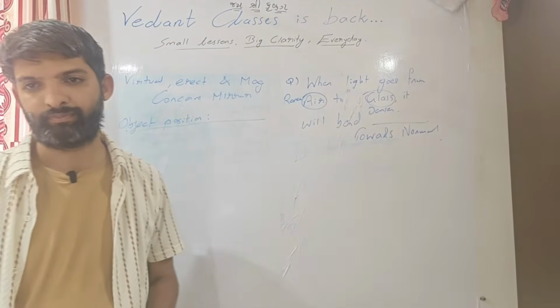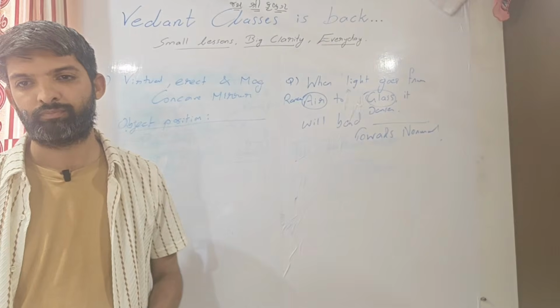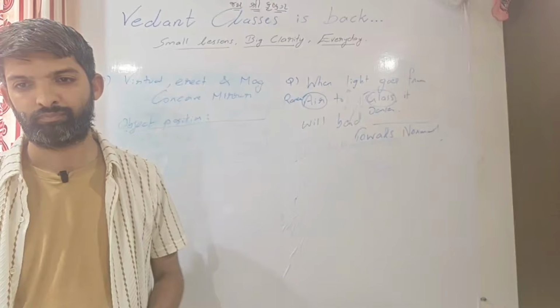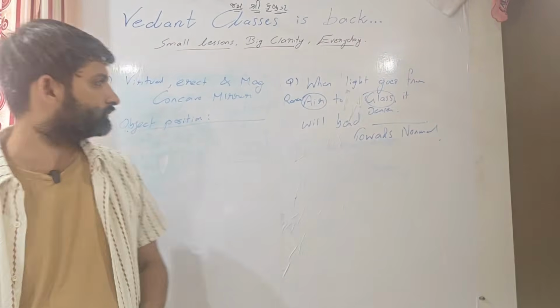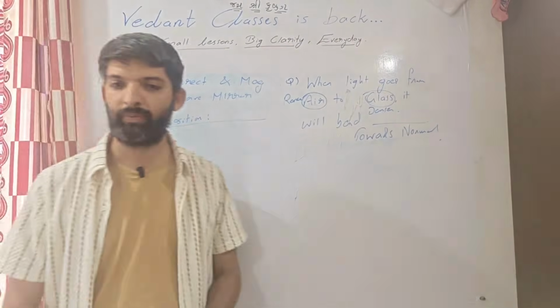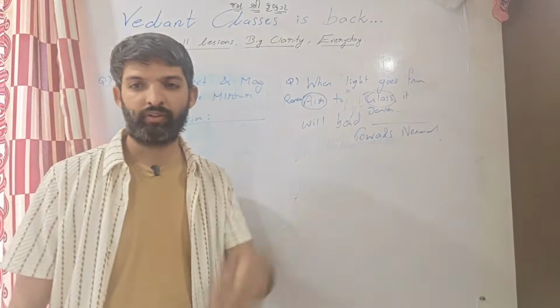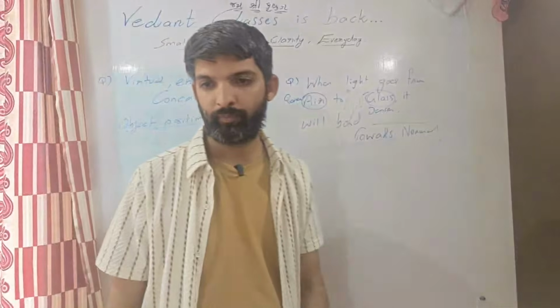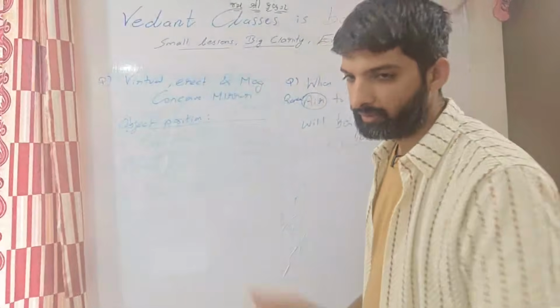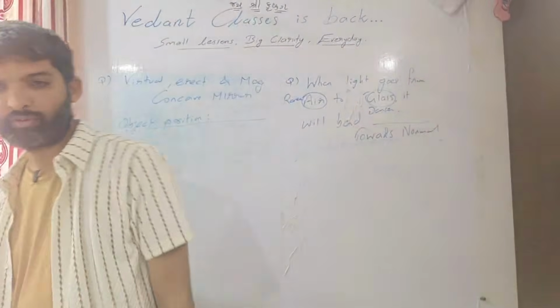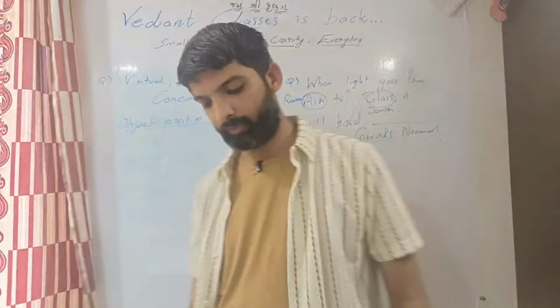Between P and F is the right answer. Between pole and focus, it is the perfect answer. Very good. That is the image position. Here I am only concerned about object position. Image will be behind the mirror. That is also true.